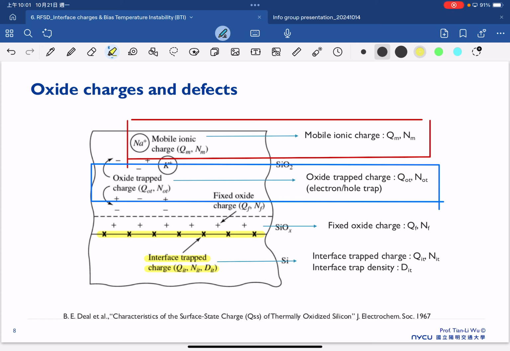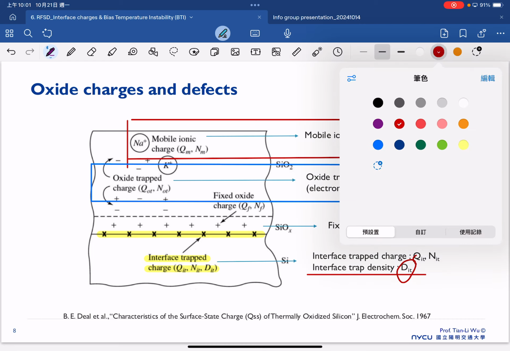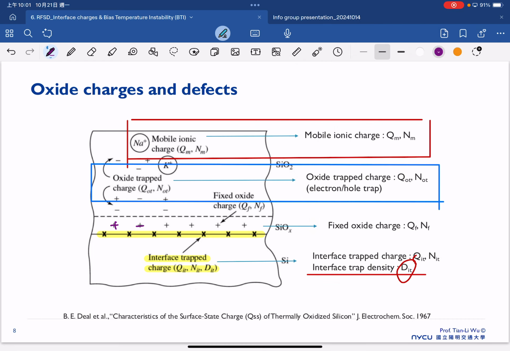Generally, we can estimate this using the term Dit. And the last one is this fixed oxide charge, which is between our oxide and our interface, and we have to take it into account.